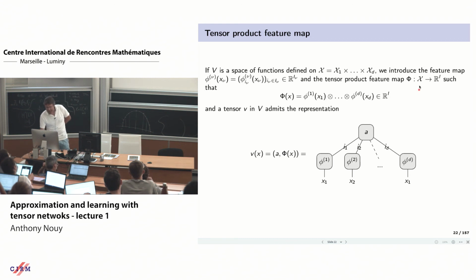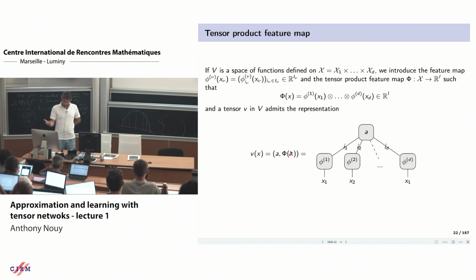And you can introduce a tensor product feature map, which is a function defined on your product set X with value in the tensor space R^I, such that this feature map for a particular entry x is the elementary tensor product of the feature maps of the spaces V_1, V_2, and so on, evaluated at x_1, x_2.